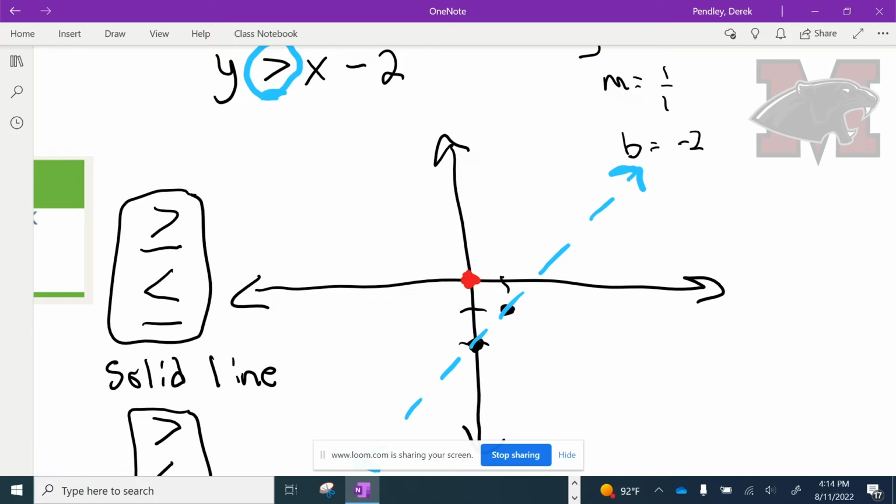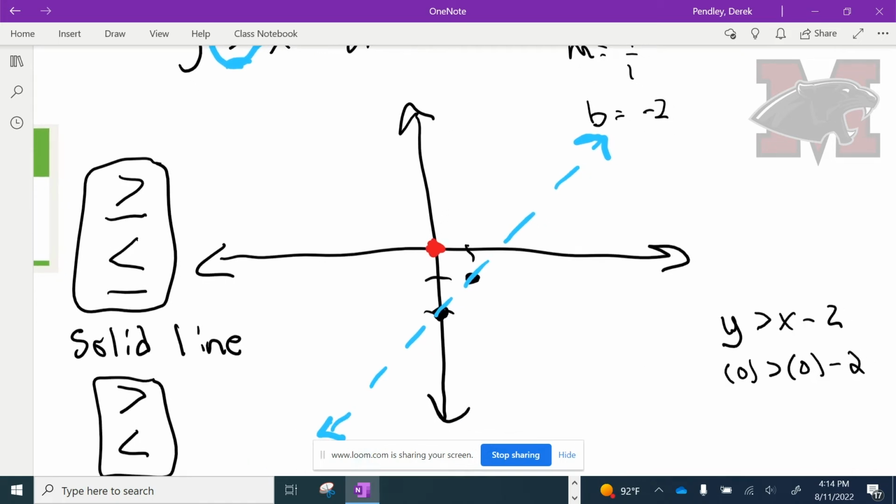So over here, we want to know is y greater than x minus 2 when y is 0 and x is 0. So is 0 greater than 0 minus 2, which is negative 2? Is that true? Is 0 bigger than x minus 2?